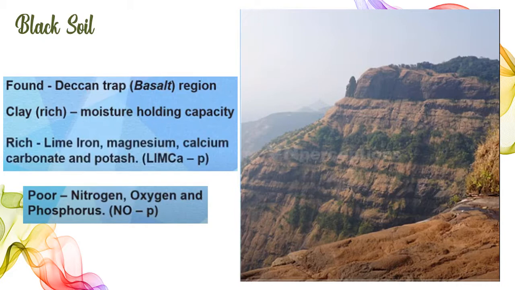So you can easily remember like this: LIMCA P. L stands for lime, I stands for iron, M stands for magnesium, Ca stands for calcium carbonate and P stands for potash. And this kind of soil is also poor in nitrogen, oxygen and phosphorus. You can easily remember like this: no P, nitrogen, oxygen and phosphorus.